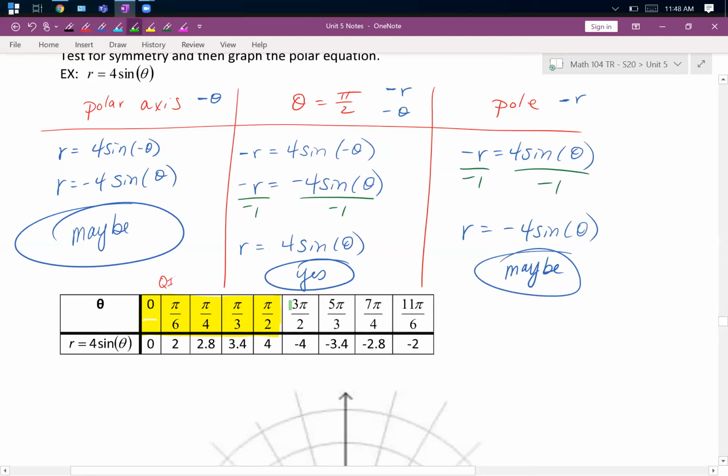And then over here, from 3 pi over 2 to 11 pi over 6, there's my quadrant 4. And then we're just taking all of those values and plugging them into r equals 4 sine of theta for our theta value. And I already got the corresponding values for us.